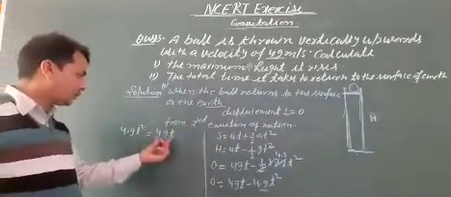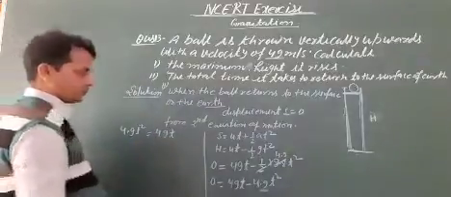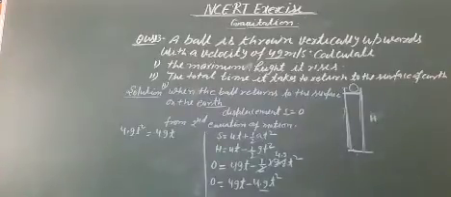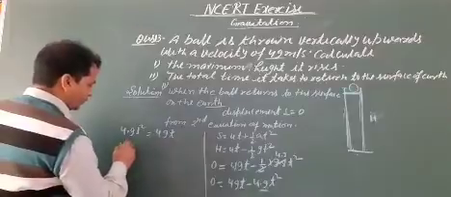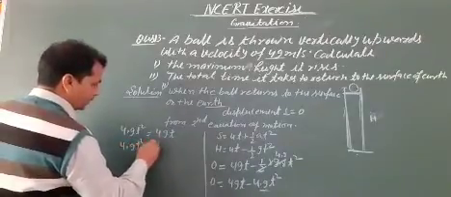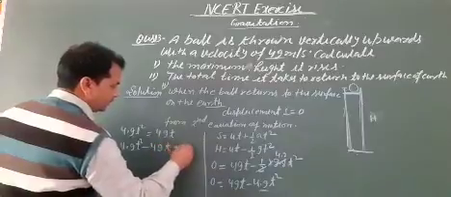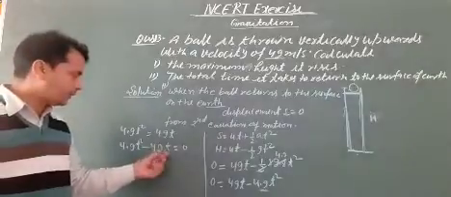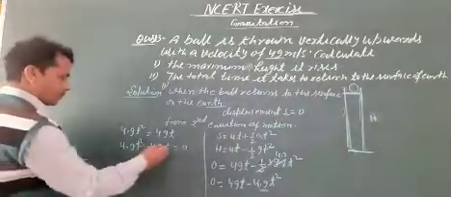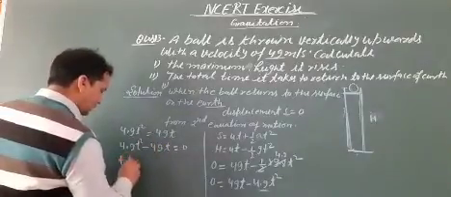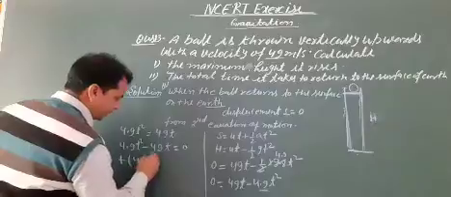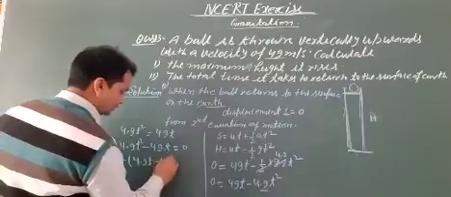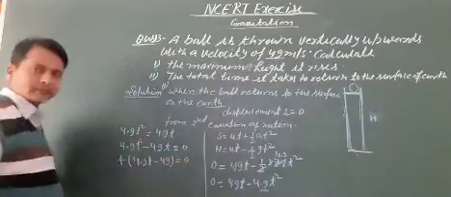So transpose 49t to here, then 4.9t square minus 49t equal to 0. Here t is common, so we can write t bracket 4.9t minus 49 equal to 0.